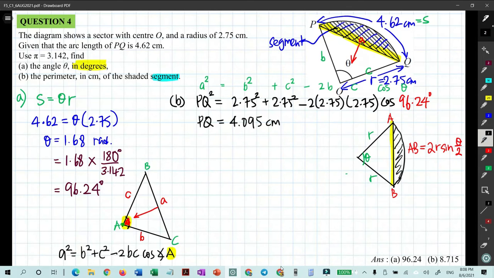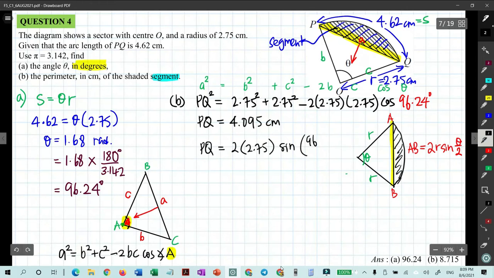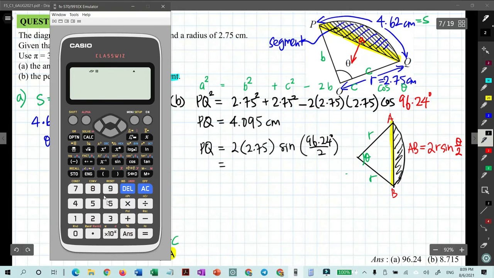In this case, PQ is equal to 2 times r, r is actually 2.75, times sine theta. Theta is 96.24, so we take 96.24 degrees and divide it by 2. If you look at the formula, it is much simpler and easier to do the calculation.